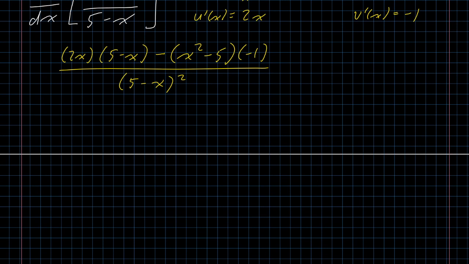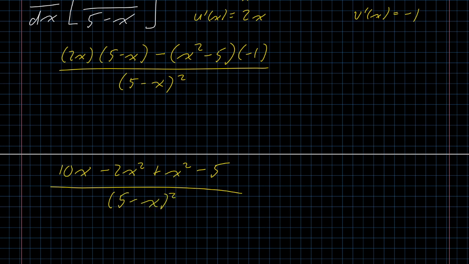Then doing a little bit of algebra to clean up here. That page break falls on a very annoying part of my screen right now, but that's okay. Let's see, I'm going to end up with 10x minus 2x squared, minus a minus is plus x squared, and minus 5, all over, I will leave that as 5 minus x squared.